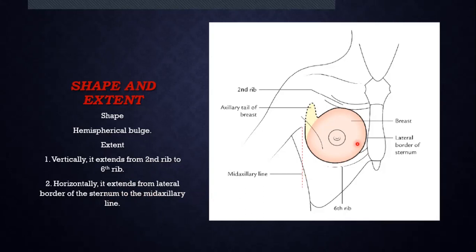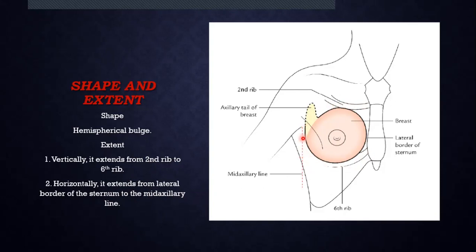So, despite the variations in size, the base of the breast is fairly constant, and this is the base. Vertically from the second to the sixth rib, horizontally from the lateral border of sternum to the mid-axillary line.